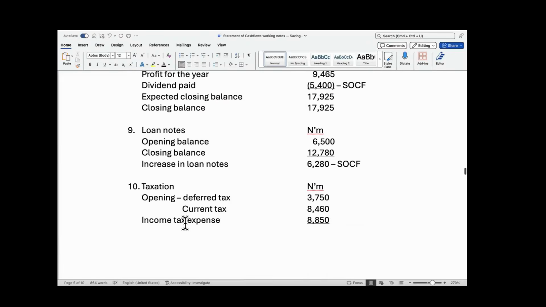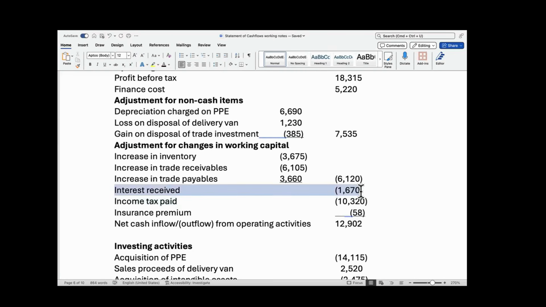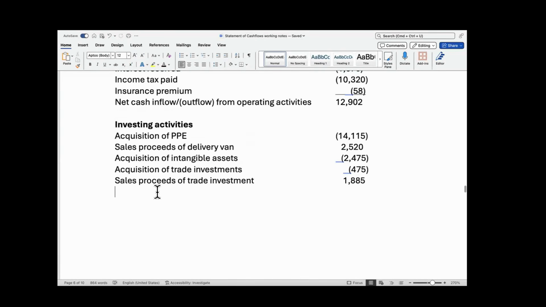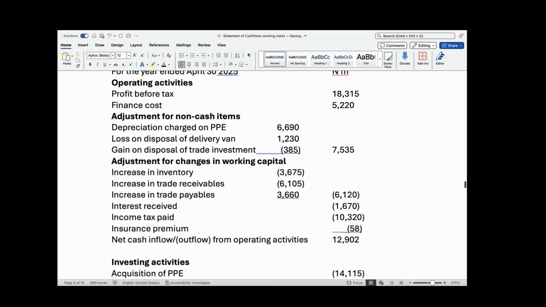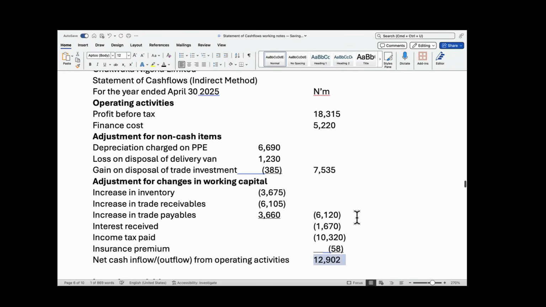And lest I forget, this interest received that I deducted because it was in operating, I come and put it where it belongs as an inflow in investing. Let me cumulate all these items together. That will give me my net cash. They didn't even tell me whether it's an inflow or outflow.